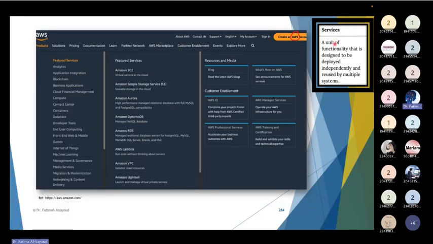So a service is a unit of functionality, the same as a component, both are units of functionality. But what? It is designed to be deployed independently. So you see how it's different? You're going to deploy it independently and reuse it in multiple systems. Multiple systems means more than one system. It's not about my system.